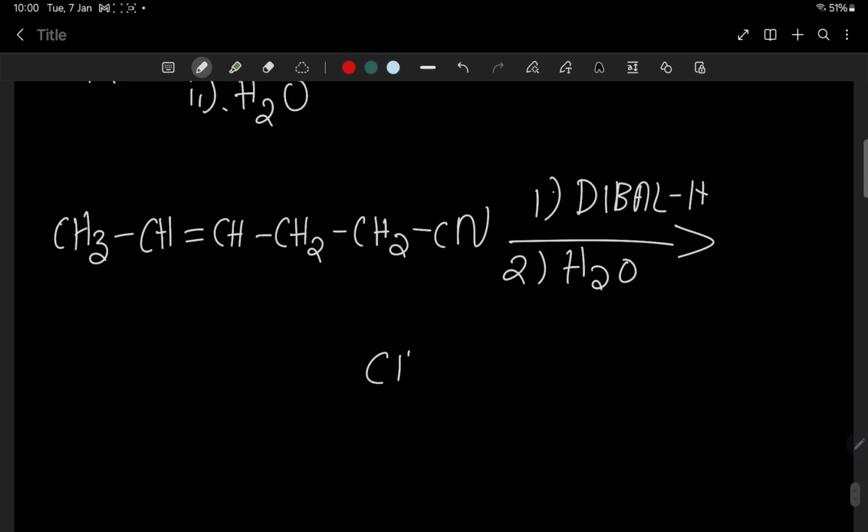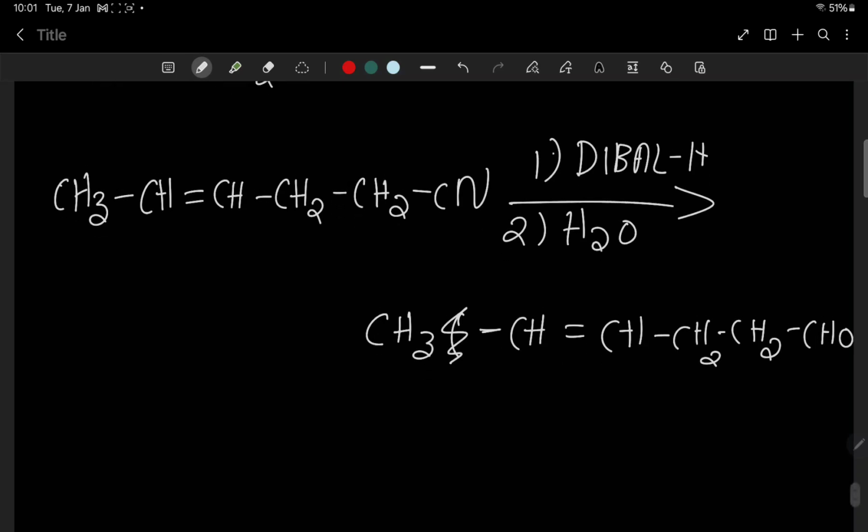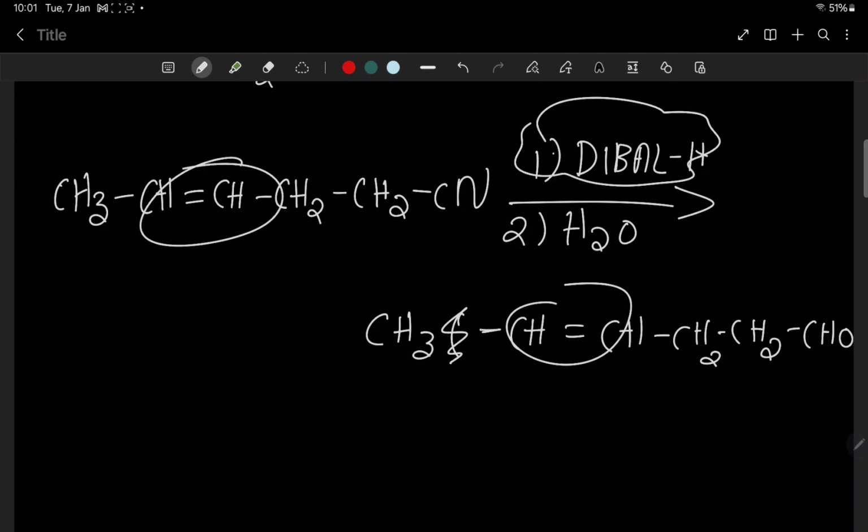We get CH3 CH double bond CH CH2 CH2 CHO. Here the double bond is not attacked, so DIBAL-H will not attack the double bond. It's a weak reducing agent.